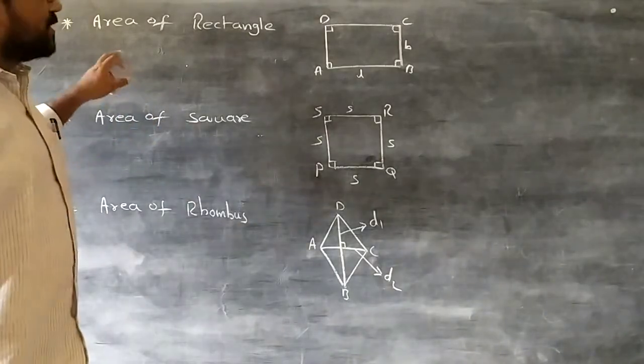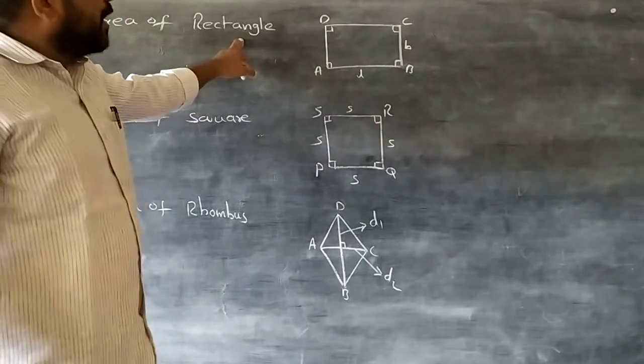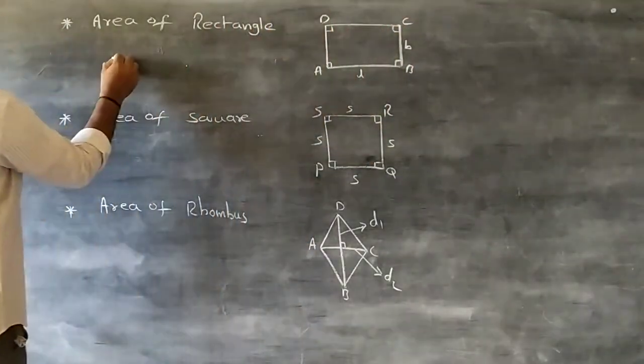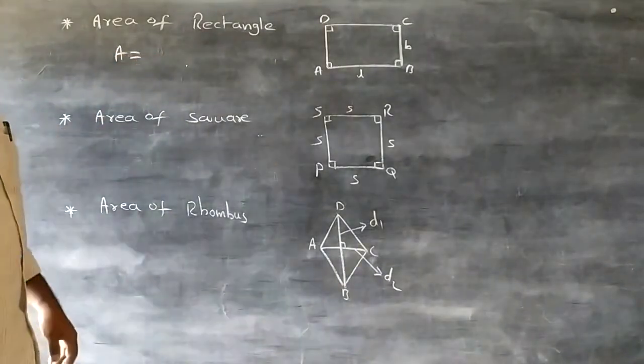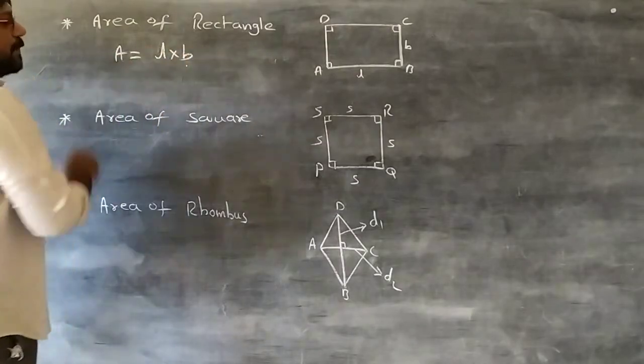Next quadrilaterals, area of rectangle. It is a well-known formula. Area of rectangle, length into breadth. See, A is equal to, so area is denoted with the letter A. A is equal to L into B. Observe carefully.